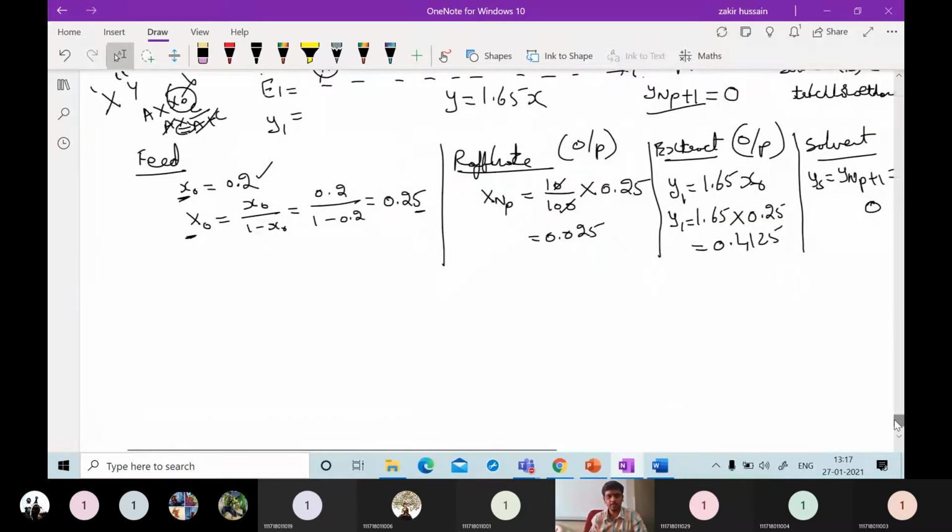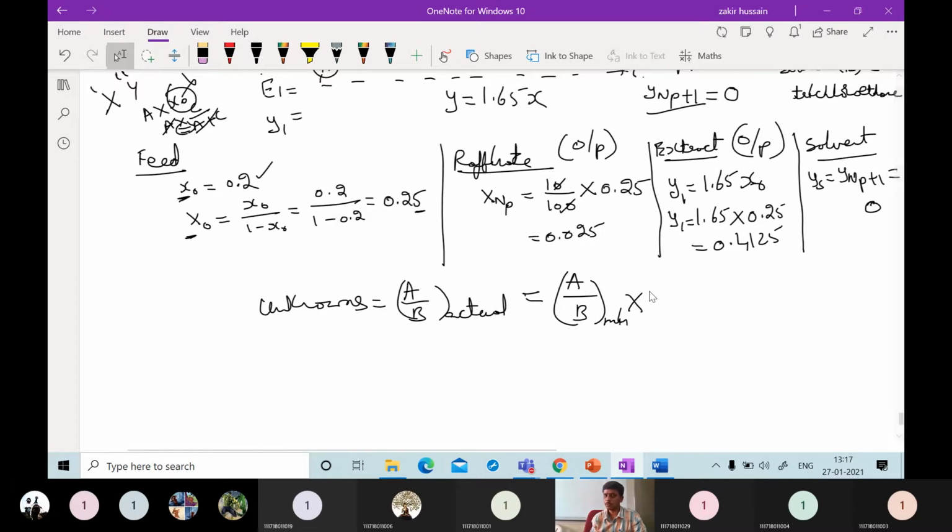So A by B actual we don't know, but it is equal to A by B minimum into 1.5 times. That's the clue, and we have to find NP.